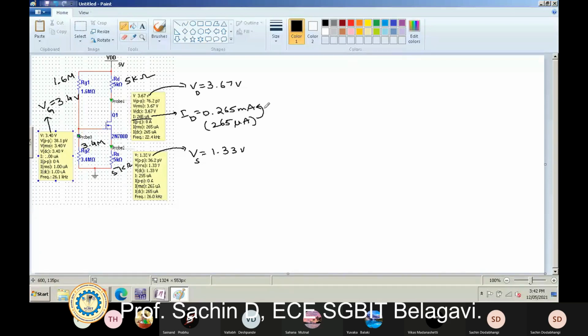Now my question is, for this circuit, for given Kn dash W by L 1 milliampere per volt square and Vt threshold is 1 volt.